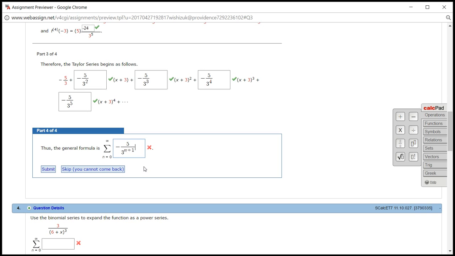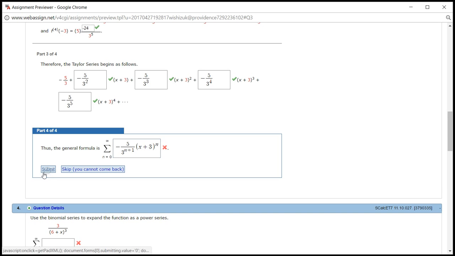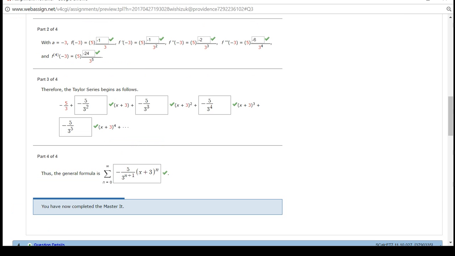Then you have the quantity x plus 3, because it's a Taylor series centered at -3, and then raise it to the n, of course. All right, I think that will do it. Let's submit. All right, looks like we got part 4 correctly.